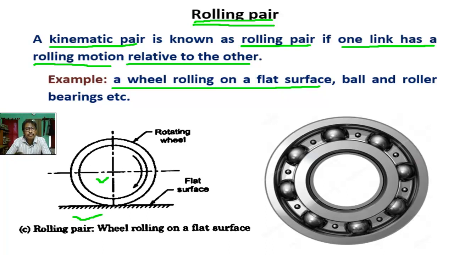Between two links, one link has rotating motion relative to the other link. Balls and roller bearing are also examples of rolling pair.